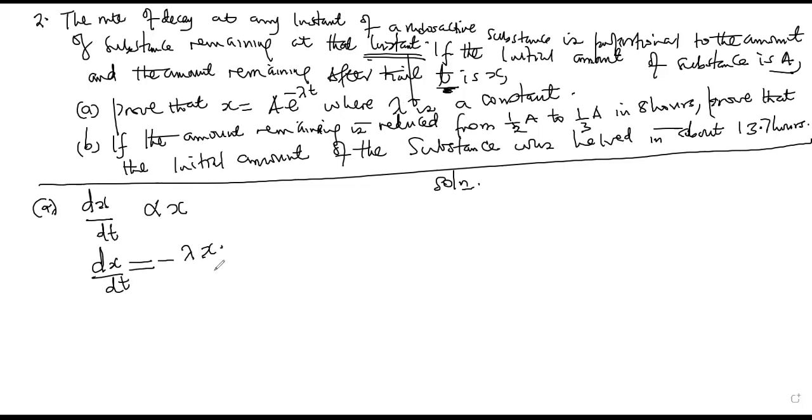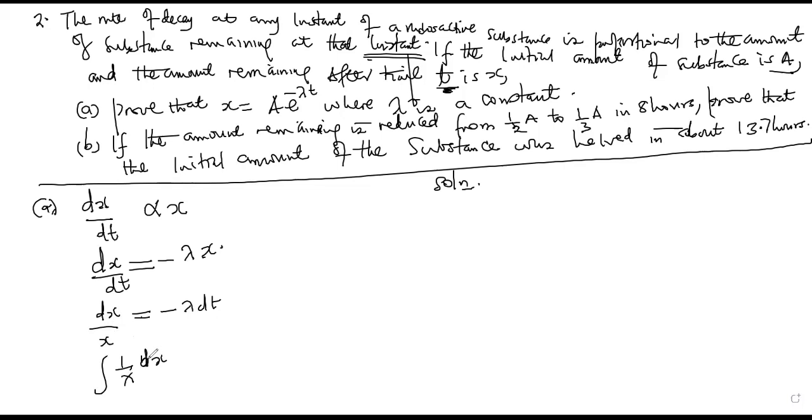Okay, so after this, we have to separate the variables, whereby we shall have dx over x equals negative lambda dt. Then here you have to integrate either side. So when you integrate, we are having the integral of 1 over x dx.